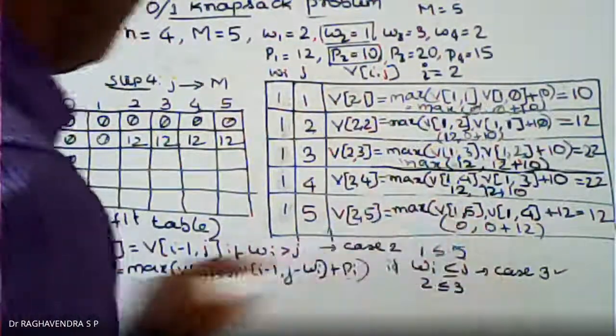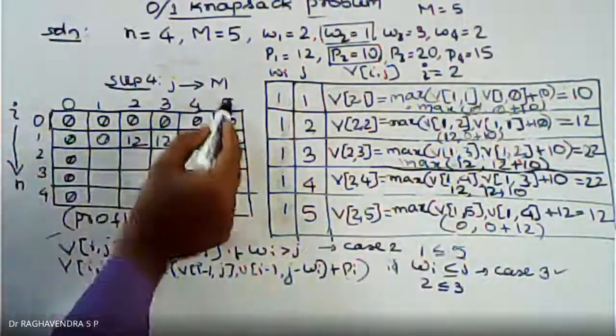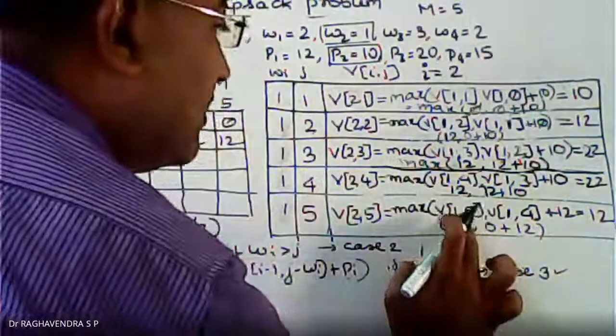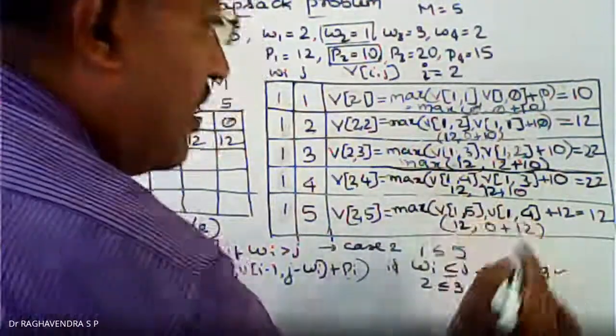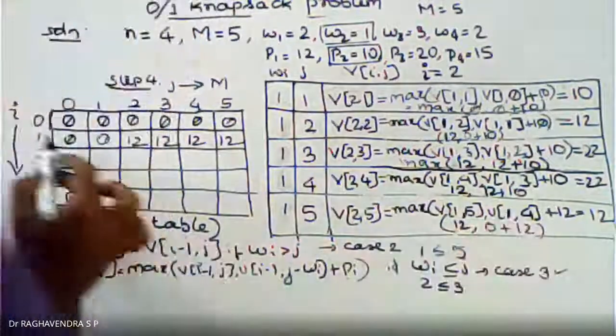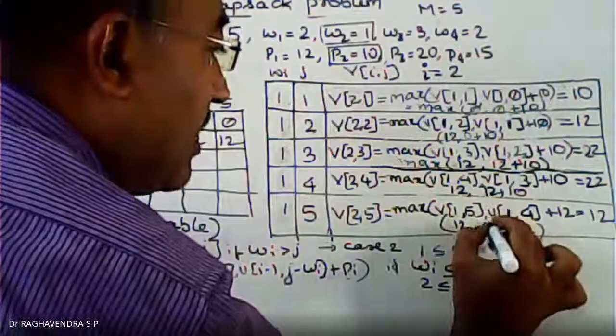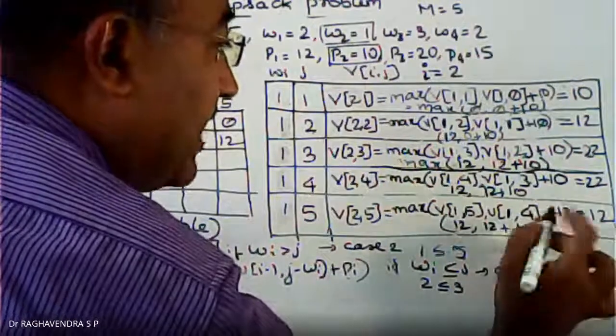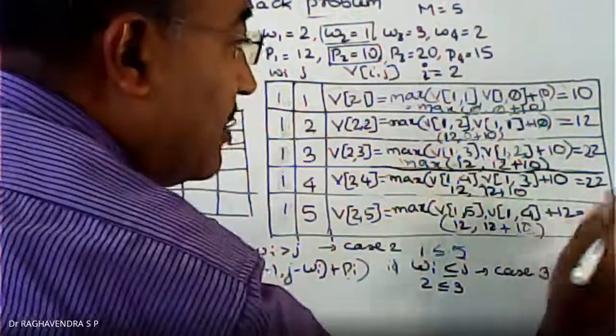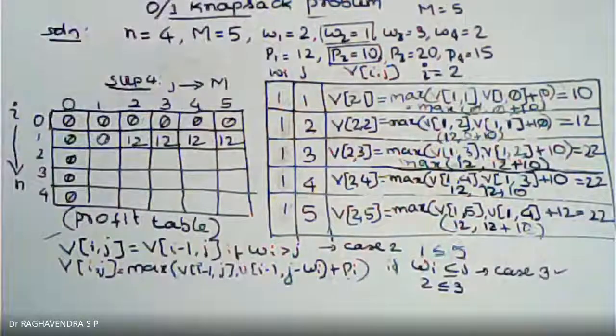We have 1 comma 5, the value is 12, comma 1 comma 4, once again the value is 12. The profit is 10, so the value becomes 20.